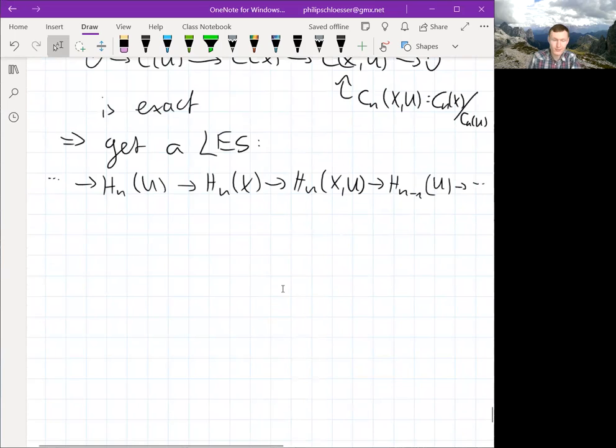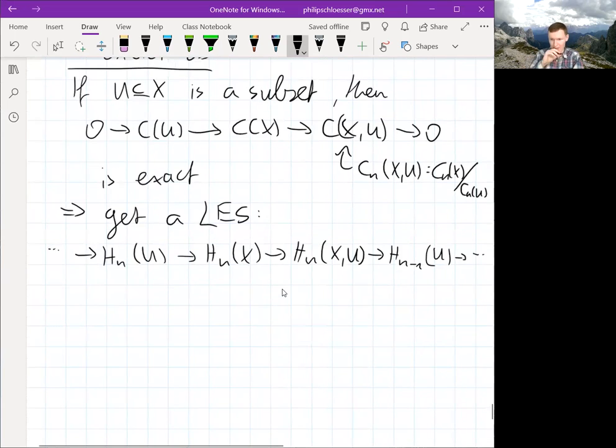And usually we look at this for a very specific case, namely the so-called Mayer-Vietoris sequence.